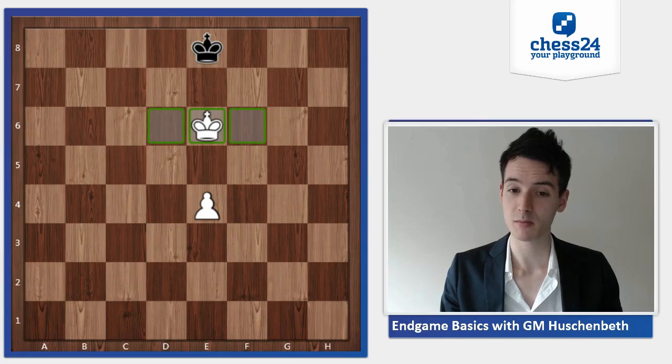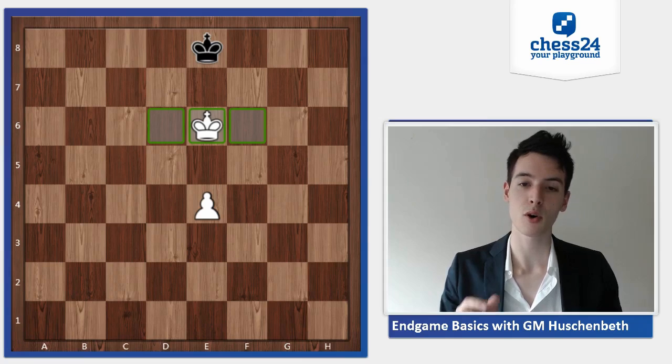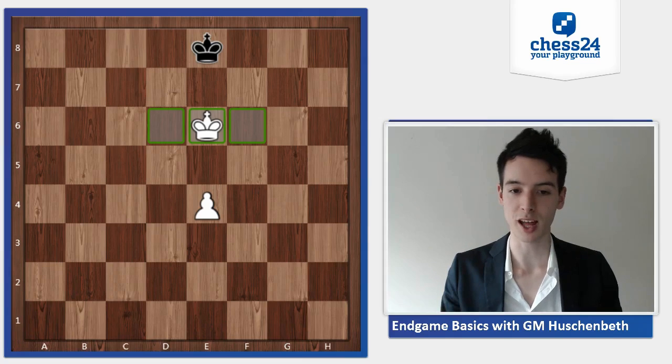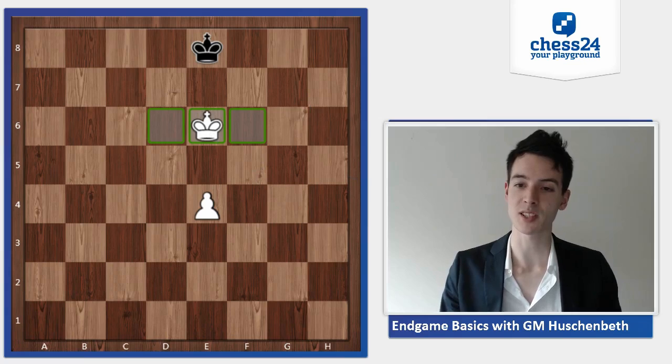They're pretty much the same for all the pawns except for the pawns on the edge of the board. So not for pawns on the A file and the H file, and I will come to that later. So if the king reaches any of these three squares, d6, e6 or f6, white is always winning, and we'll see this in just a moment.